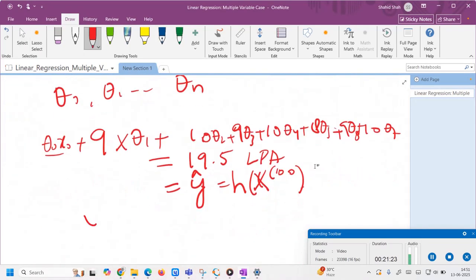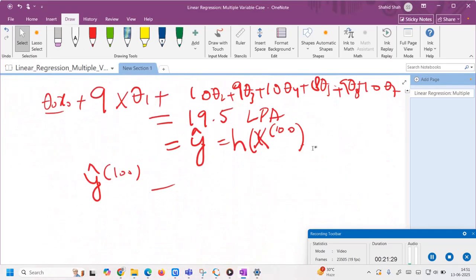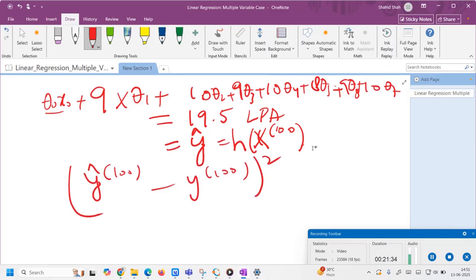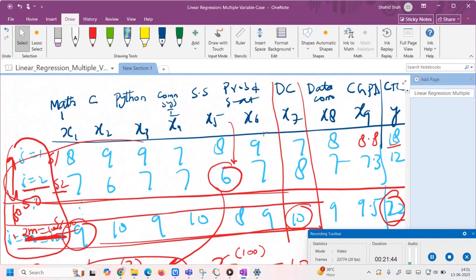And what will be the error? So y hat of 100 minus the actual salary or CTC, Y 100, squared. So it will be 22 minus 19.5, squared. This way we can get the performance of our linear regression algorithm. How is it working?